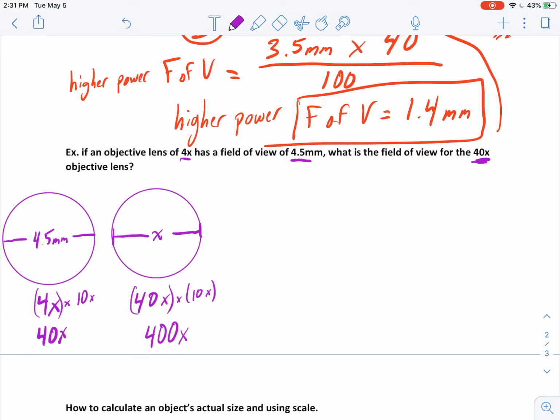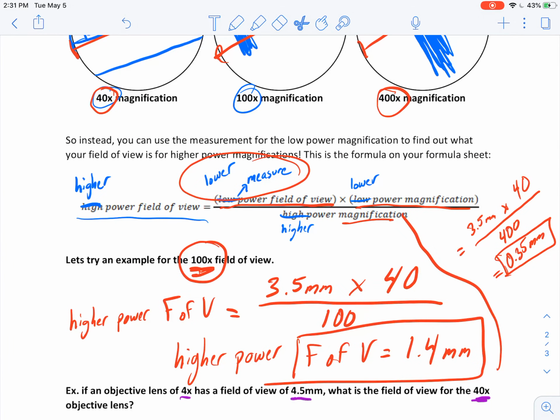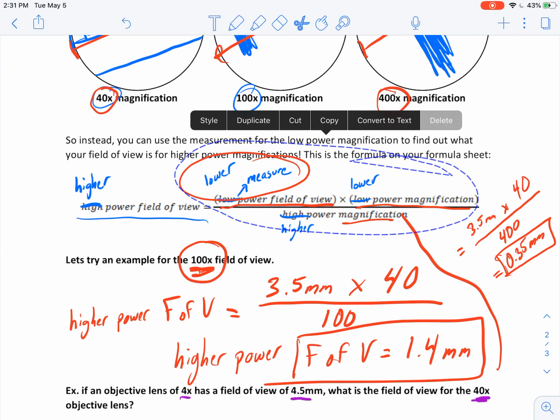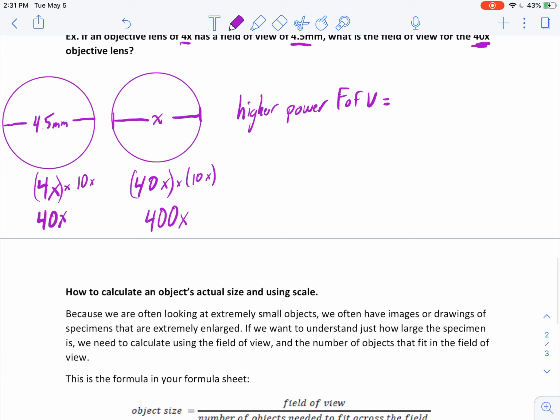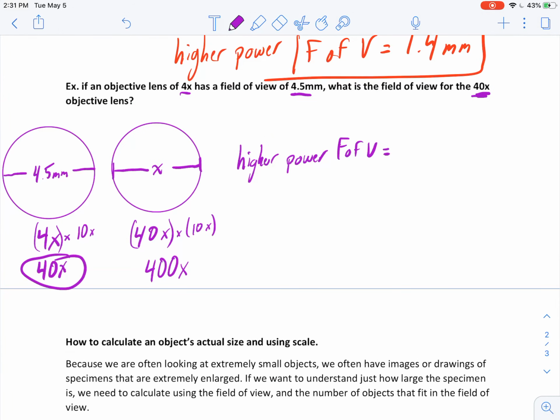Now, plugging in our formula, the higher power field of view is equal to the lower power field of view, which is this guy here.